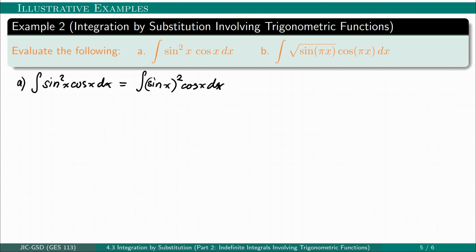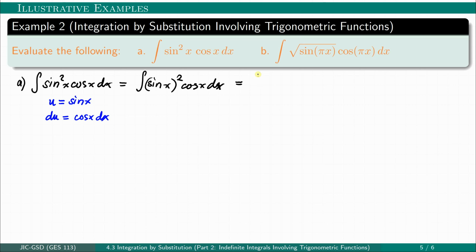For this case, we have to choose the u properly. If we choose u to be sine x, the derivative of sine x is cosine x, which is what we need. So let u be equal to sine x. The derivative of u is du. The derivative of sine x is cosine x dx, which is actually what we need, cosine x dx here.